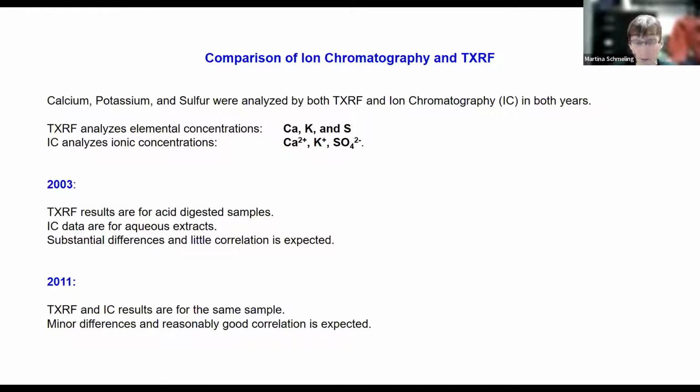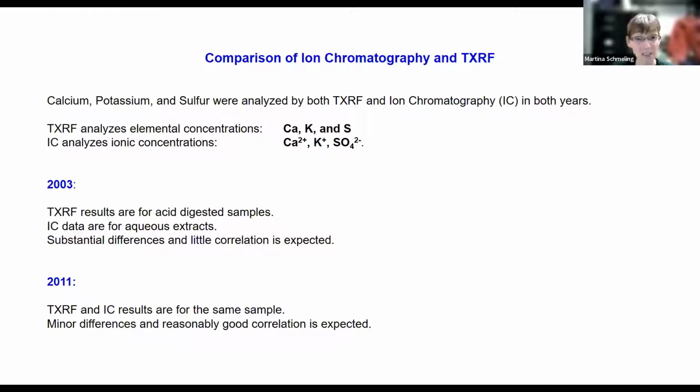TXRF obviously measures the element, meaning calcium and potassium, and also sulfur, whereas ion chromatography measures the ionic concentrations: calcium 2+, potassium+, and sulfate. So you need to keep in mind that these are 2 different methods, and we also had 2 different extraction methods. For 2003, just to reiterate, the TXRF results were all for acid digested samples, whereas for the ion chromatography, they're aqueous extracts.